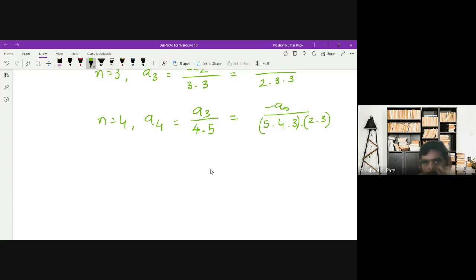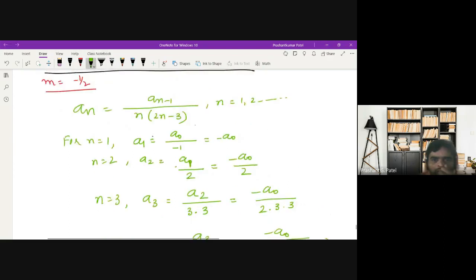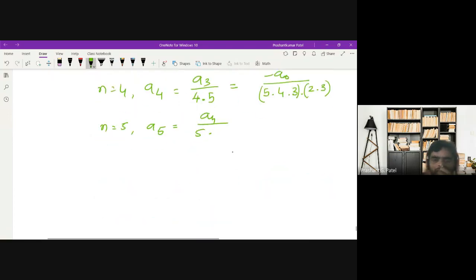What will happen if I substitute n equal to 5? We'll have a5, which is a4 upon 5 into, you just calculate, 2 5s are 10 minus 3, 7. So we'll have 7 here.